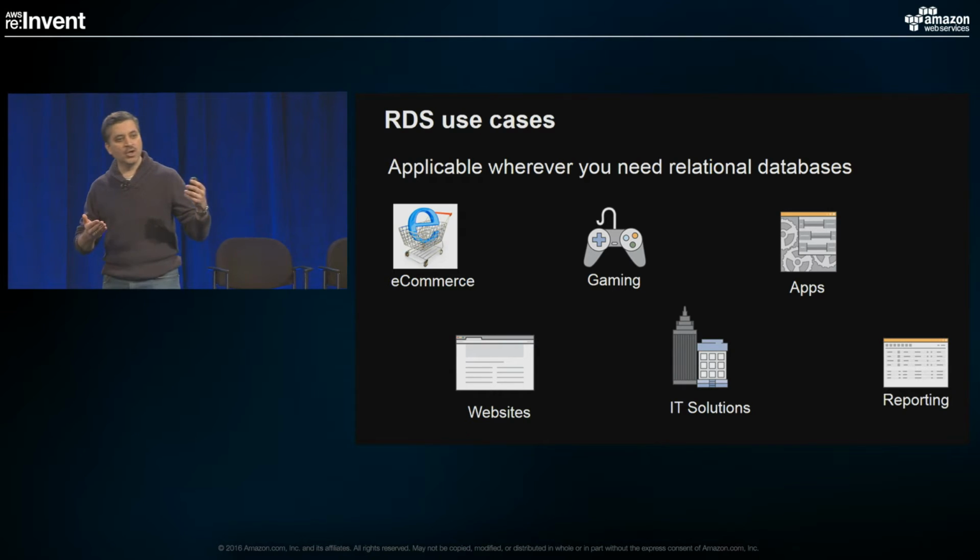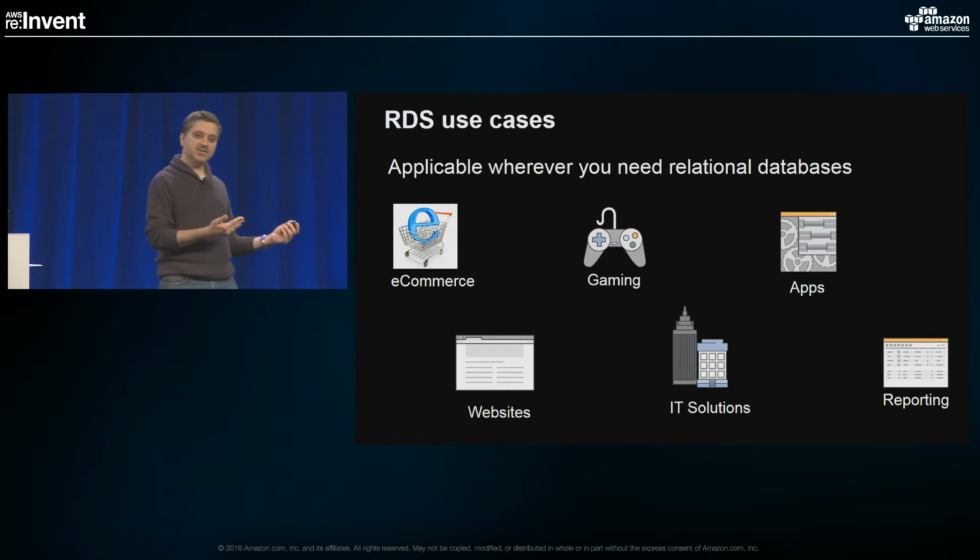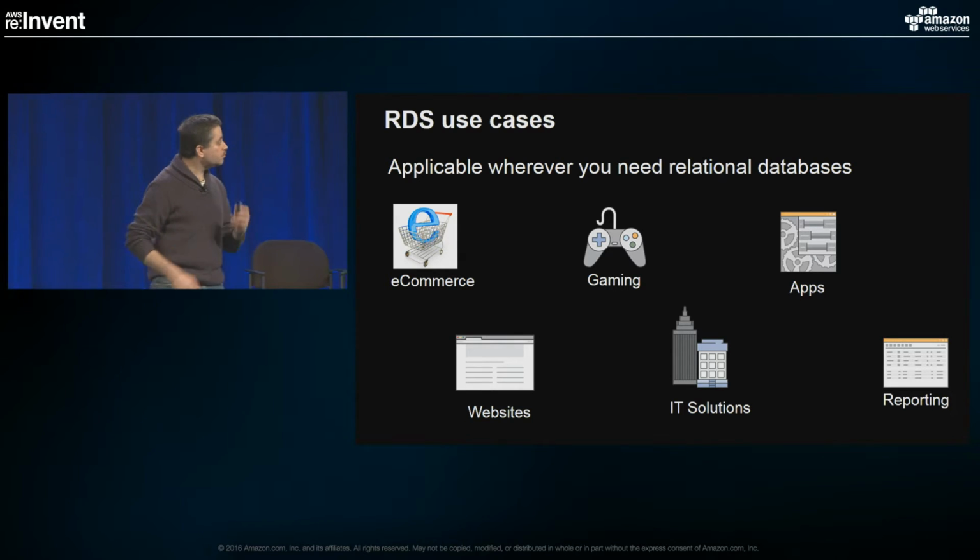We'll walk through both the configuration and a demo of how Lambda can interact with both these backend data tiers, and look at some of the considerations around configuration and performance.